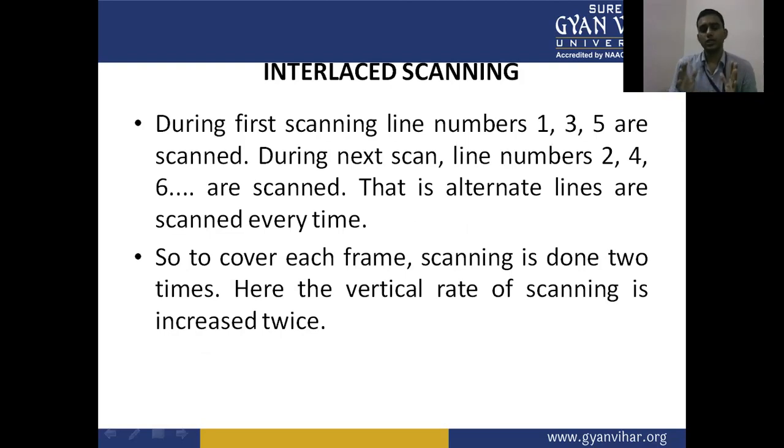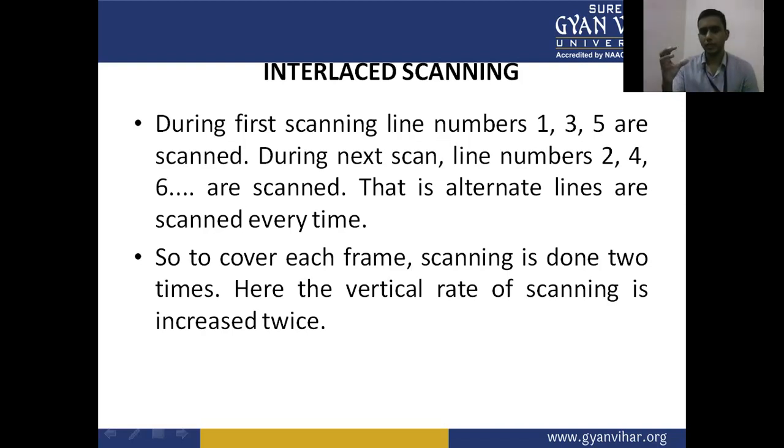During the first scan, lines number 1, 3, 5 are scanned. During the next scan, lines number 2, 4, 6 are scanned. That is, alternate lines are scanned every time. So to cover each frame, scanning is done two times.